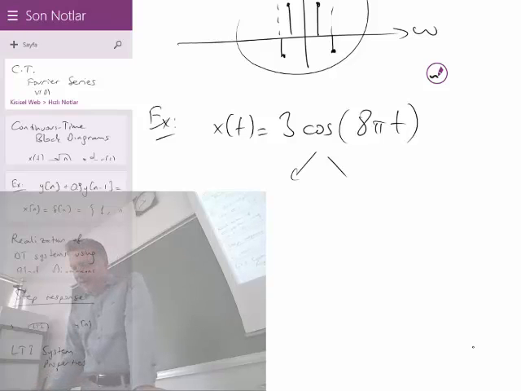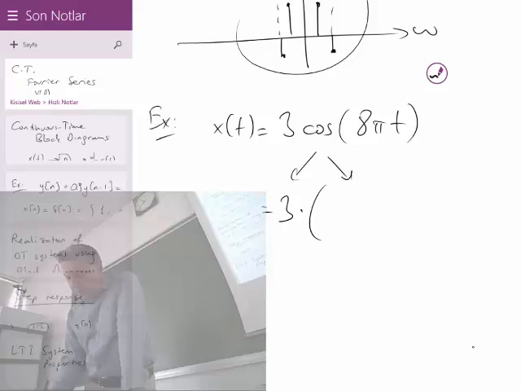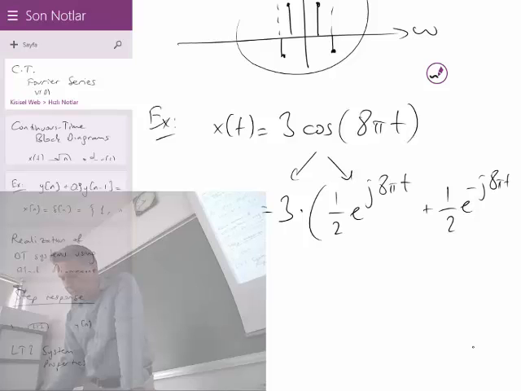You just need to expand it using Euler's formula. And what does that say? It is 3 times 1 over 2 e to the j 8 pi t plus 1 over 2 e to the minus j 8 pi t.